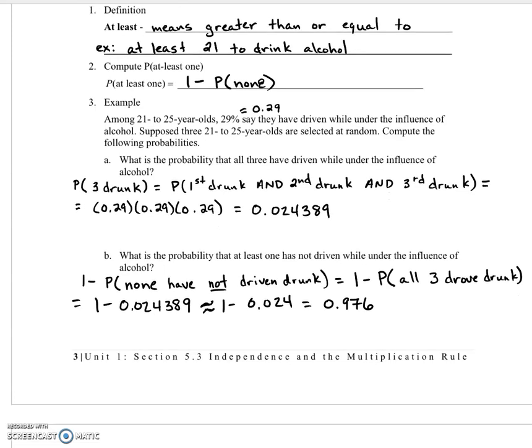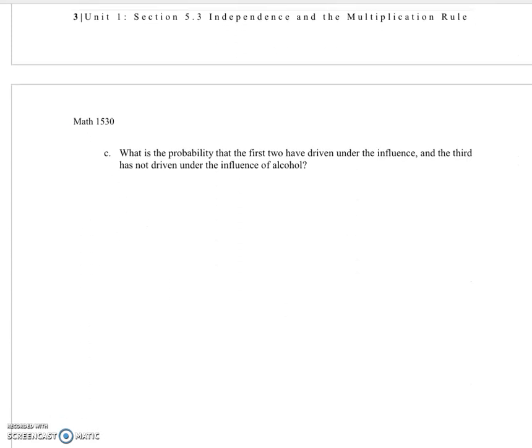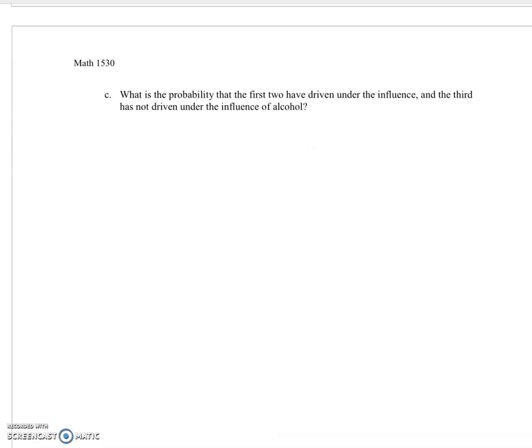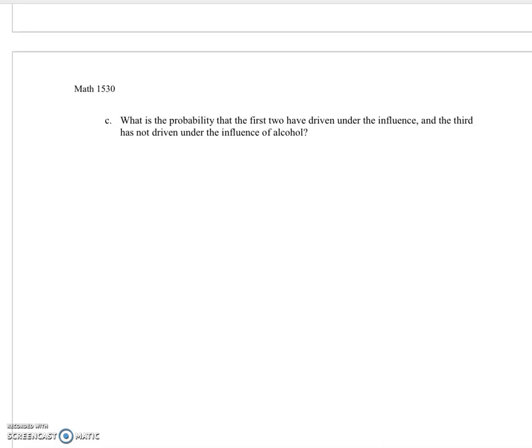Okay, moving on to the next part, which is the last problem. What's the probability that the first two drove under the influence and the third did not?